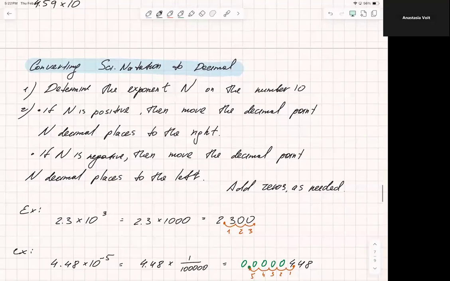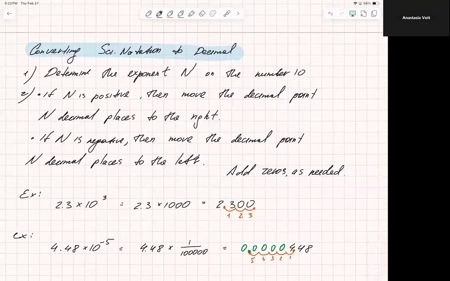Now, the next thing is converting from scientific notation to decimal, or to regular numbers. To do that, we need to determine the exponent n on the number 10.